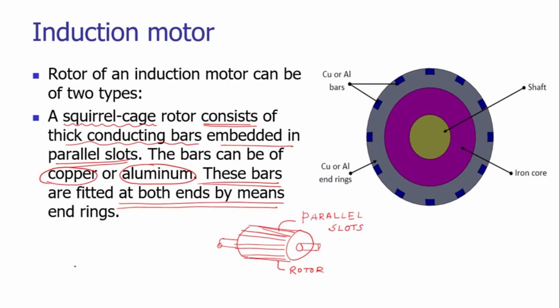These thick conducting bars are connected at their ends. They are connected at both their ends. These two are the end plates, and these bars which are embedded in the slots are connected at their ends.